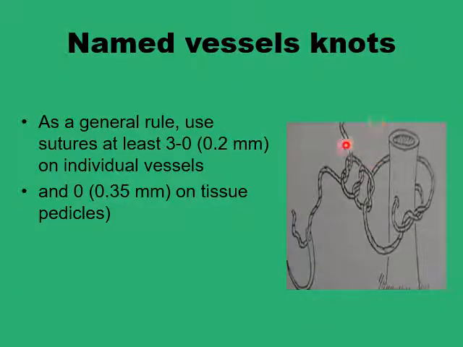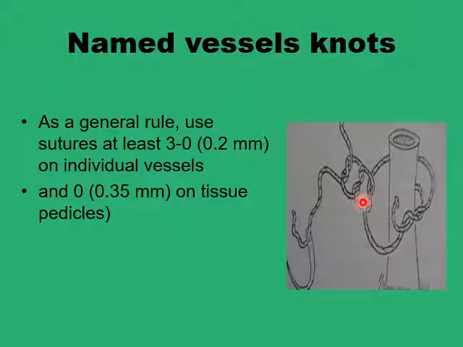If you are placing knots on sutures on named blood vessels, big blood vessels that deserve a name, then appropriate suture width should be selected for this, at least a 0.2 millimeters, 3/0 suture.